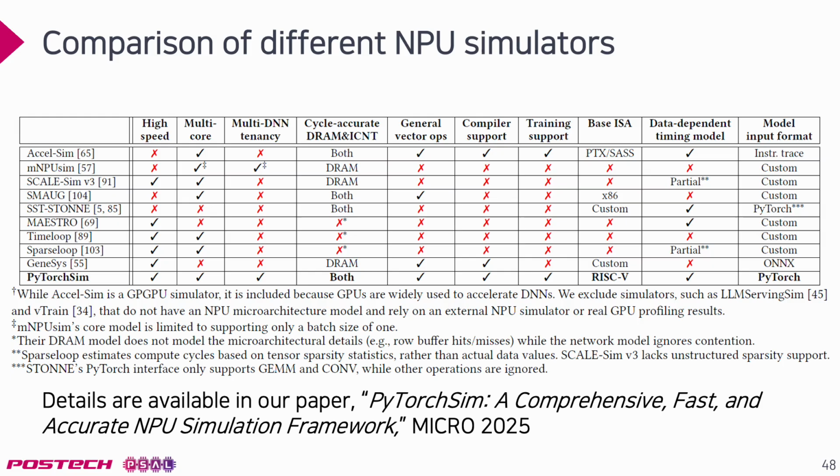And we model DRAM and interconnect cycle accurately while supporting general fused operations through the compiler. We also support training. Our architecture is based on RISC-V, and we can model data-dependent timing. And again, it is based on PyTorch, so you don't need to modify existing PyTorch models to run them on the simulator. If you are curious about the details, please refer to our paper.